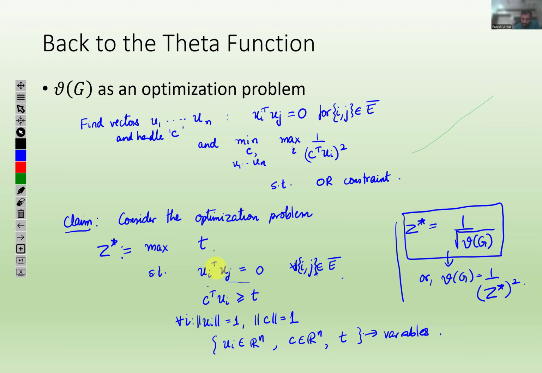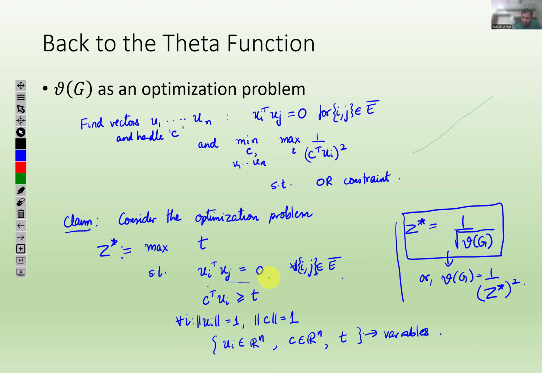So whatever the T value comes for a certain orthonormal representation that maximizes this, you can keep increasing T, but there'll be a point that maximizes, and since T is upper bounded by C transpose ui, it will be equal to the maximum over i of 1 over C transpose ui squared, or the minimum of C transpose ui.